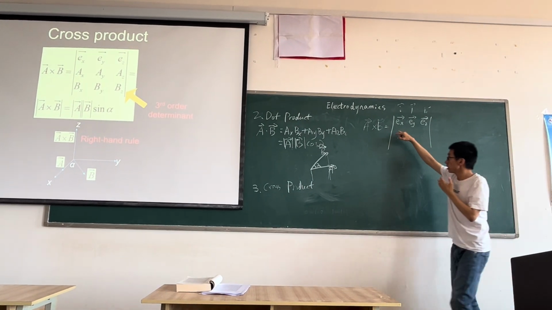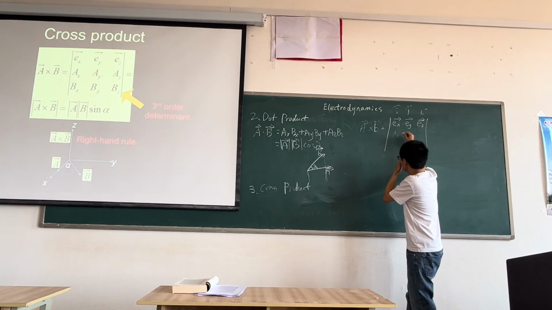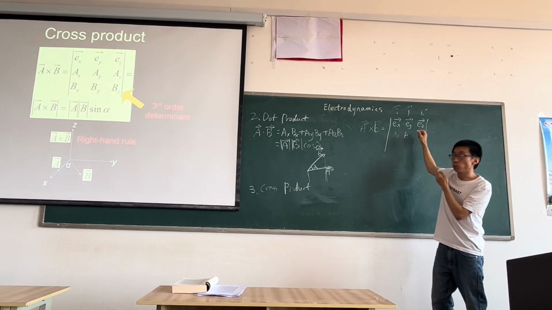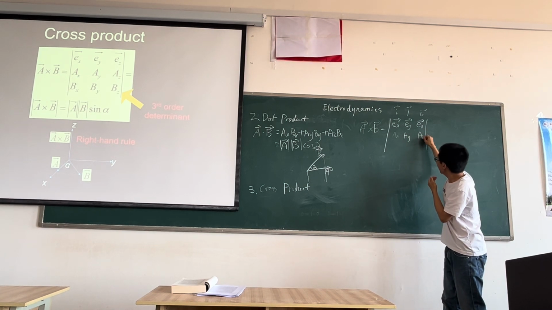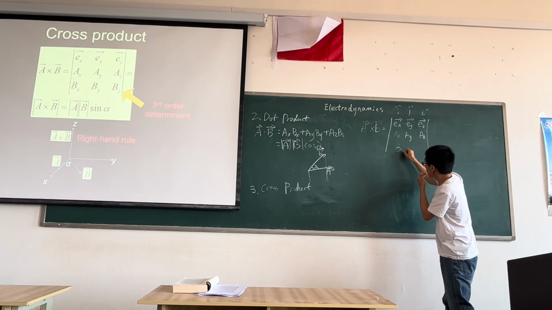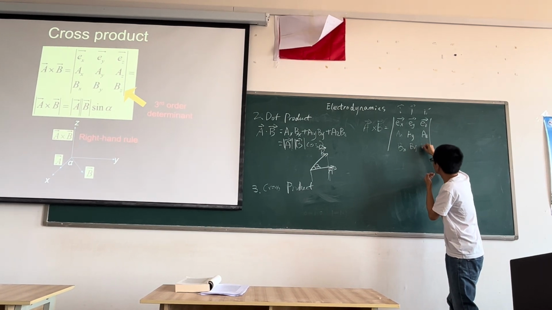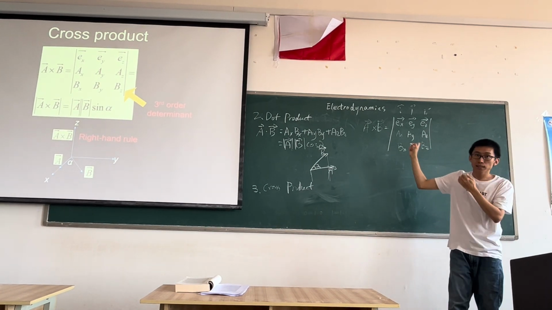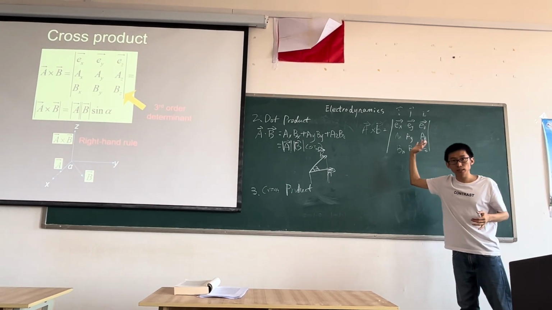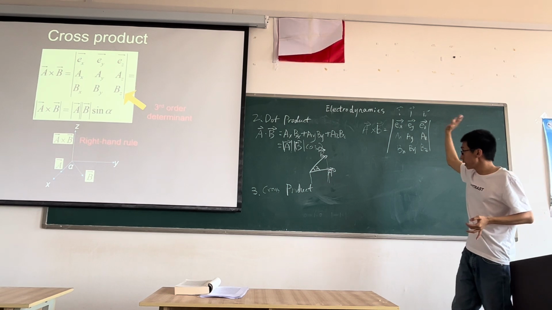And the second row should be A's X component, A's Y component, and A's Z component. And the third row should be Bx, By, Bz, right? This is called the third order determinant, as we learned in linear algebra.